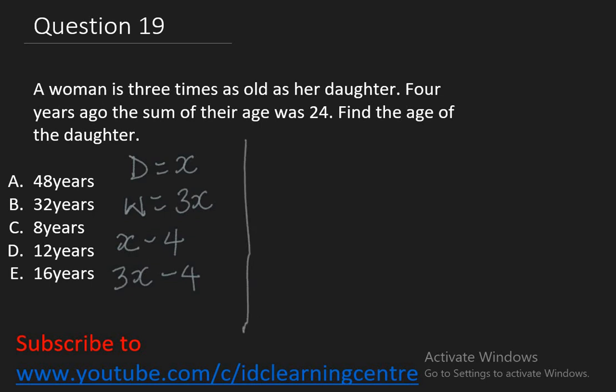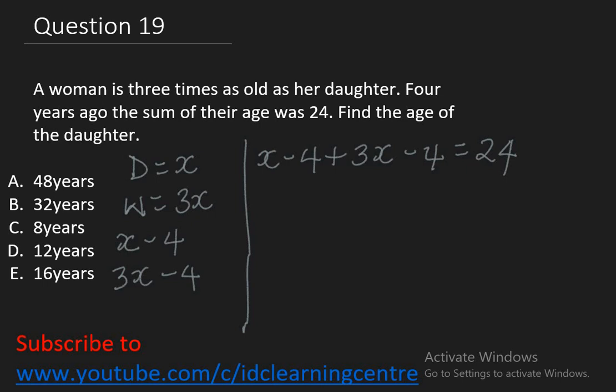So X minus 4 plus 3X minus 4 will be 24. So let's find the daughter's age, which is X.